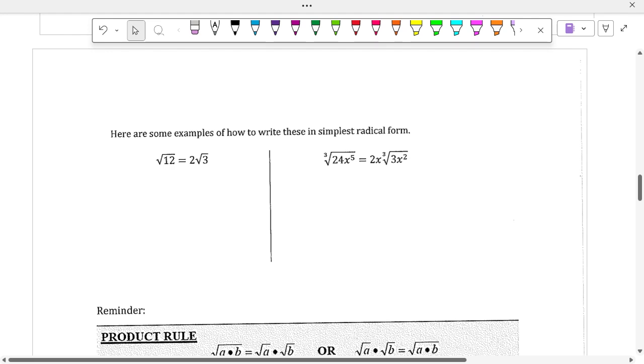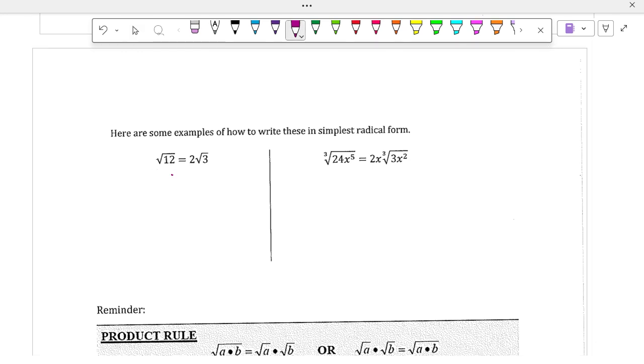And again, you can do this with variables, you can do it with numbers, whatever. So for example, square root of 12, you can break down 12 into 3 and 4, which we talked about. Since that's a perfect square, you can just rewrite it as square root of 4 times square root of 3, which is just 2 square root of 3.